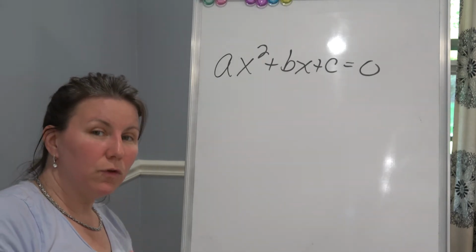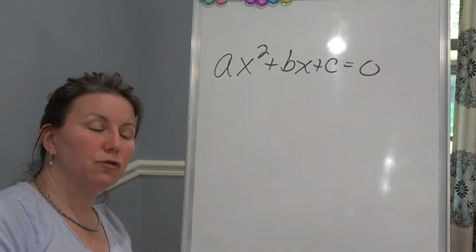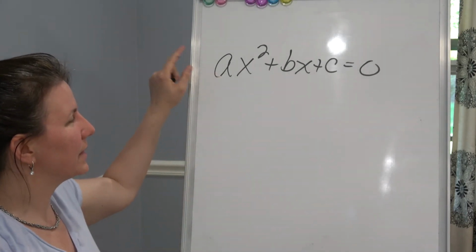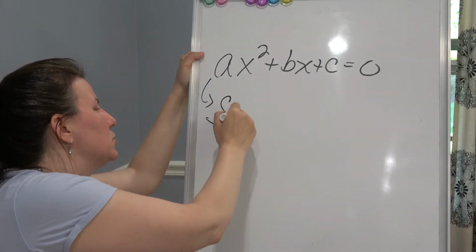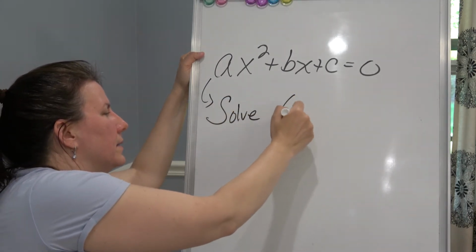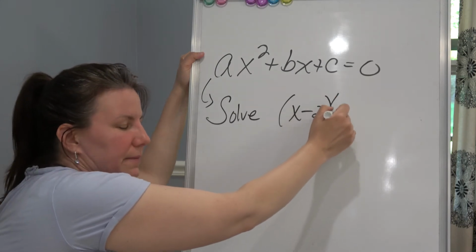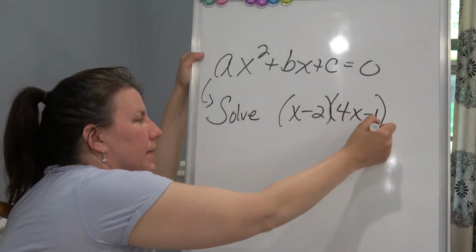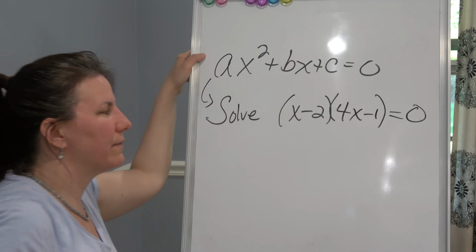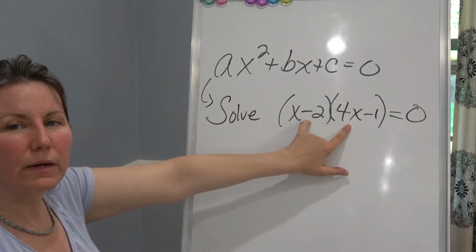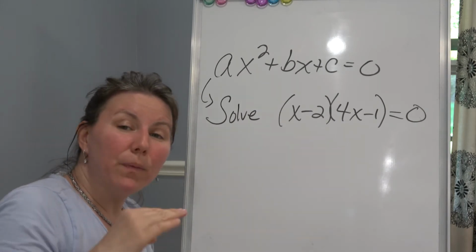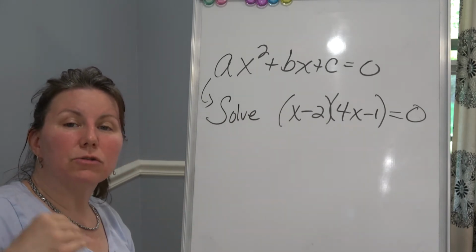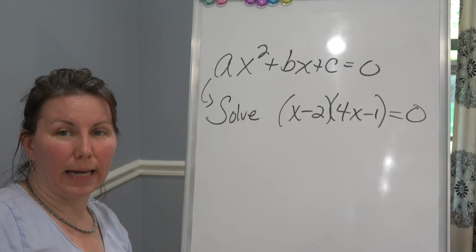Because if you can write something in factored form, so let's say you're given something like this, with numbers obviously, and you get down to a factored form of it. All right, so let's say you have this, where you have the product of these two binomials is equal to 0. At that point, you're going to have the ability to solve that equation, okay?